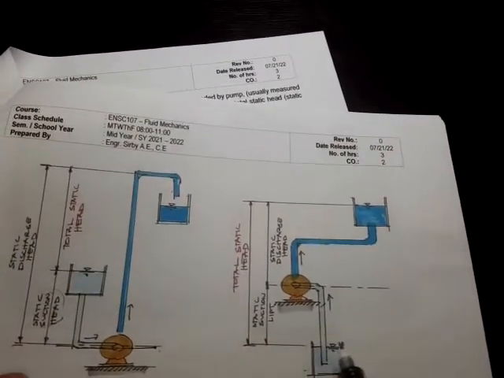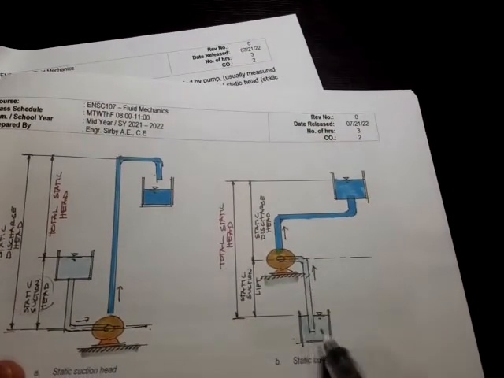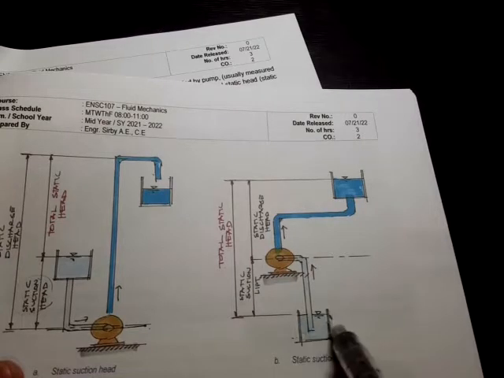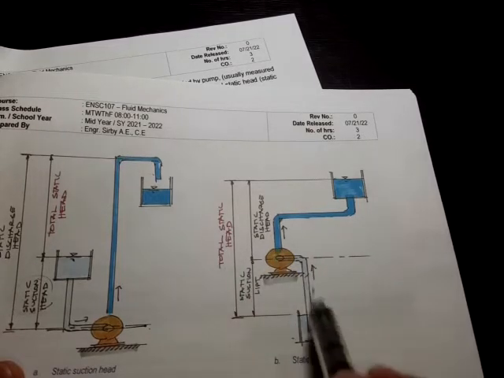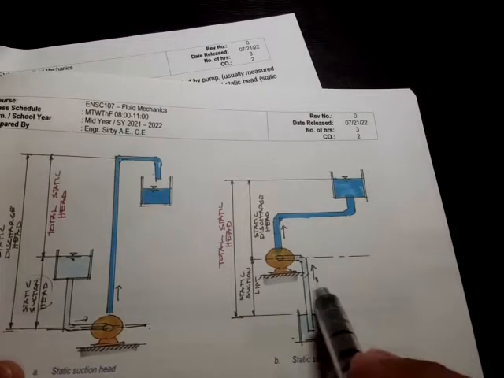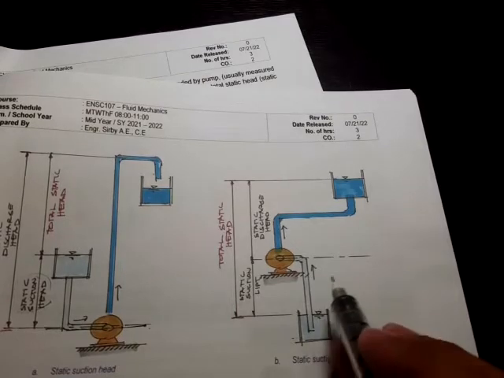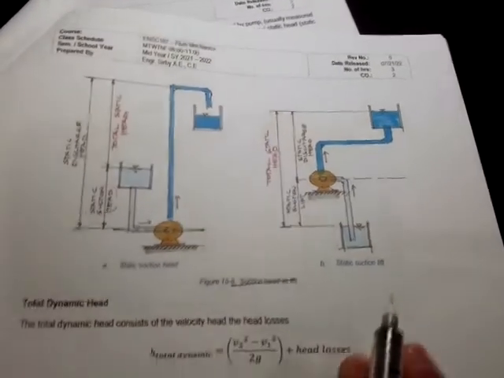But when I say suction lift, that means the suction reservoir is actually lower than the pump center line. So the water is going to be brought up from this lower level. That's going to be lifting. So that's the static suction lift.